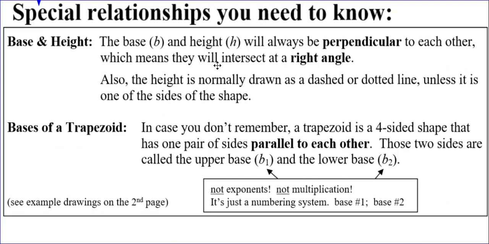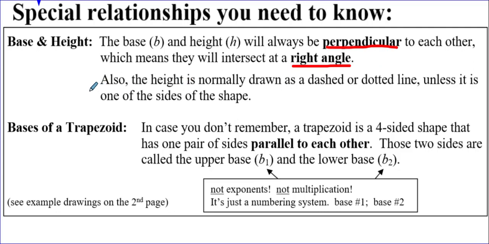The base, called B, and the height, called H, will always be perpendicular to each other. Now, if you don't know what that means, they will intersect at a right angle. A right angle is normally shown as a little square in a drawing. You'll see what I mean when we look at some examples on the second page.